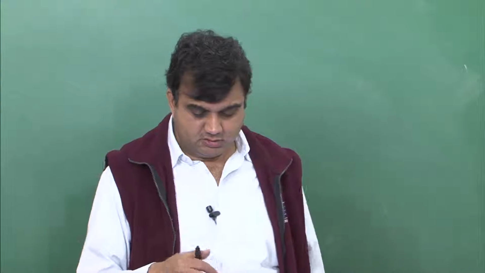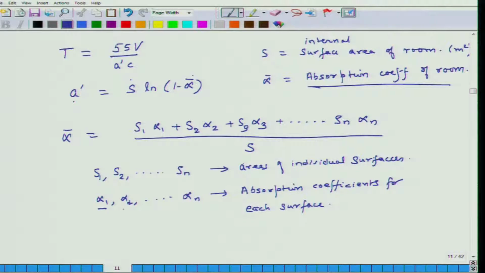Okay. So if you know these alphas, alpha 1, alpha 2, alpha 3, up to alpha n, then you can calculate the numerator, and S is nothing but S1 plus S2 plus S3 up to Sn. S is the total internal surface area of the room. Okay.